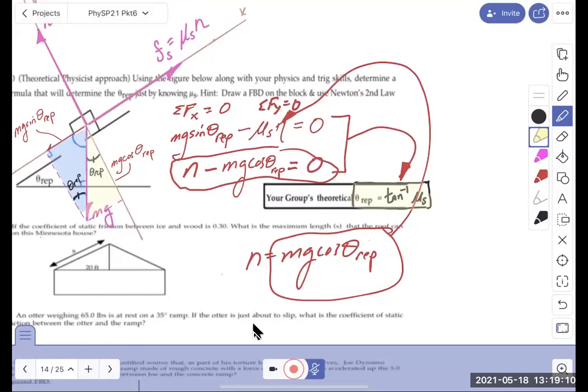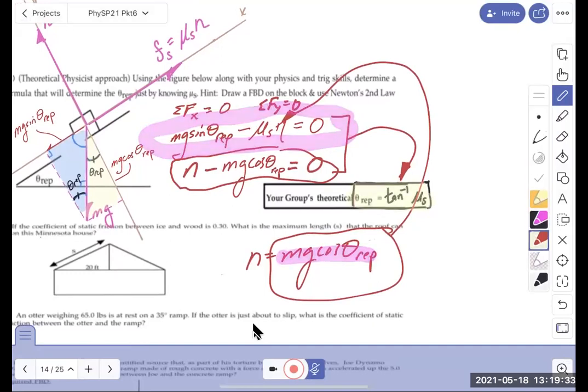Today, we'll look at some application of that. So you get that in terms of mg cosine theta, plug it in, and then we have this equation. With this plugged in, if you subtract them, they're equal to 0. That means they're equal to each other, so we end up with this equation.